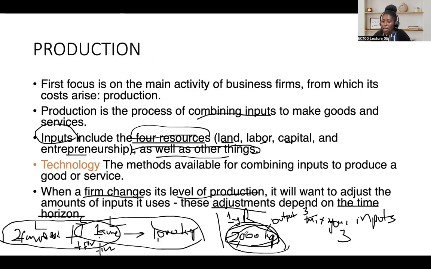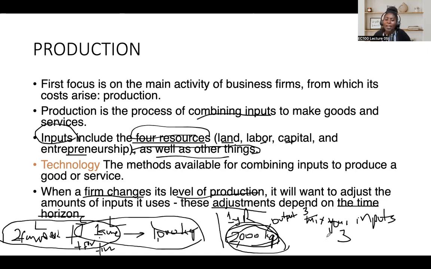In 5 years' time, he wants to start producing 2000 kilogram. By the time the 5 years come, he will be able to do anyhow. He can employ different farmers. He can acquire more pieces of land, because it's a long enough time to adjust both inputs.